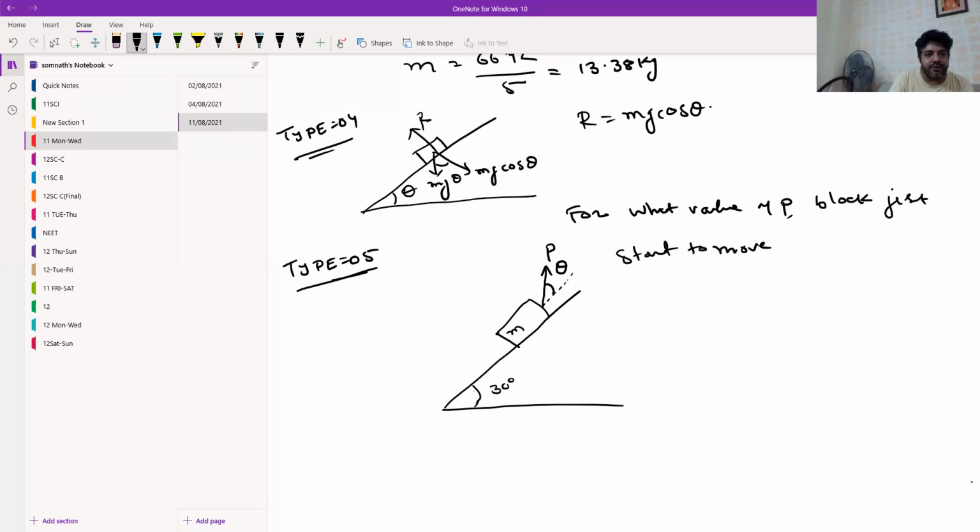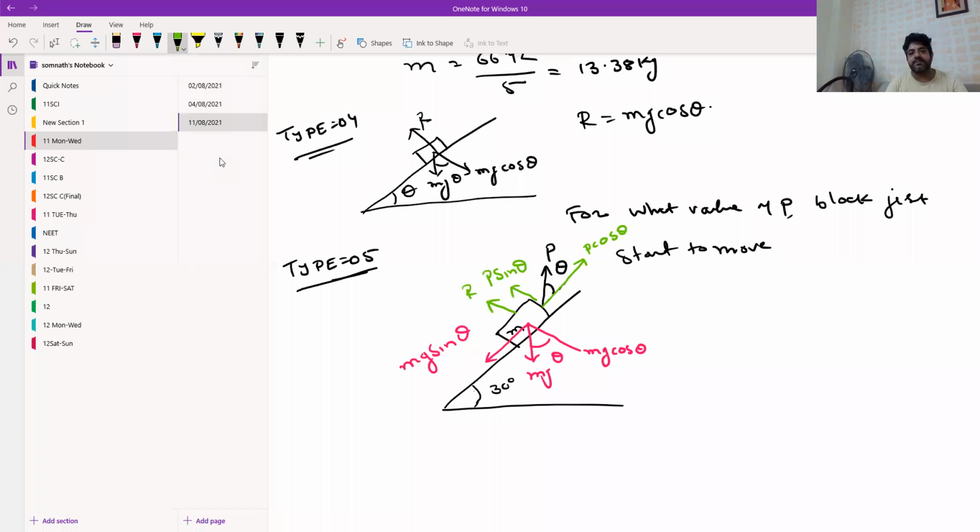So first of all, I show you all the forces. mg is acting downward. First thing, this angle is theta, mg cos theta, and this is mg sine theta. Now, as I mentioned, P, you have P cos theta on this side, you have the normal reaction, and here you have P sine theta.